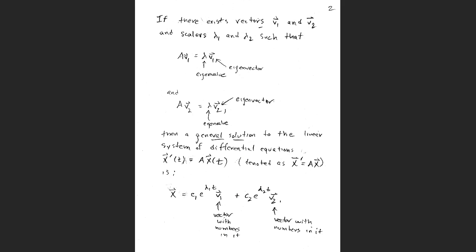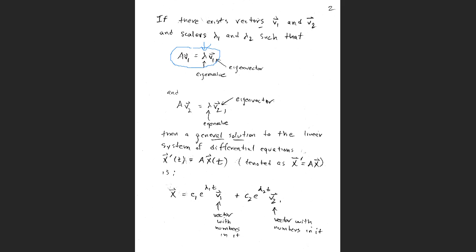Well, if you consider the matrix equation A times vector v1 equals lambda, a scalar, times vector v1. If you could find a vector of two numbers, remember A is a 2 by 2 matrix, so the vectors we're dealing with are 2 by 1s.